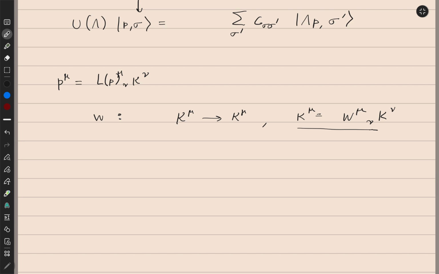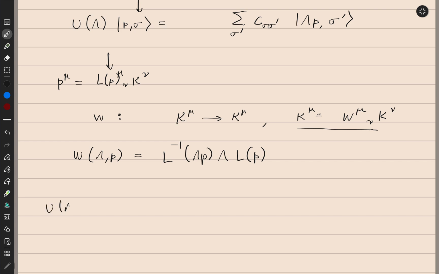Furthermore, the definition of this W as a function of Lorentz transformations and the momentum that we are concerned with was related to L of lambda p inverse, lambda, and L of p. So this is how we can do the analysis in the little group and then induce representations like that.